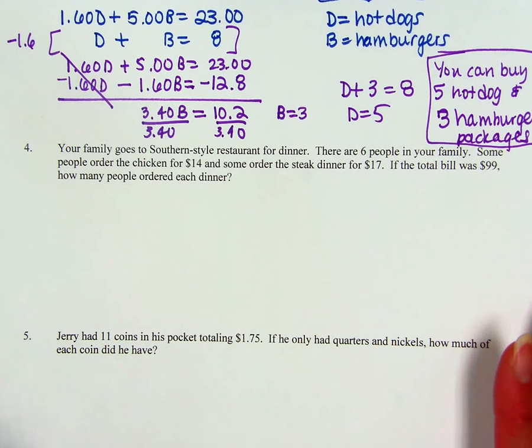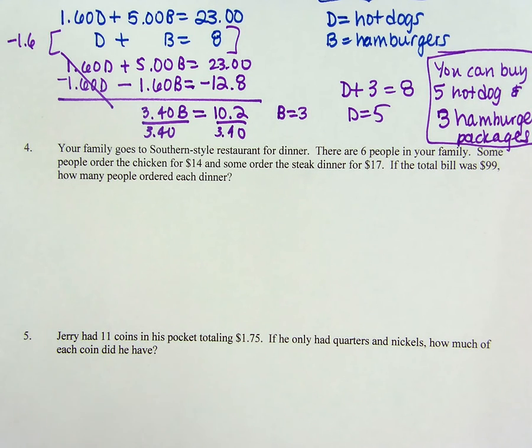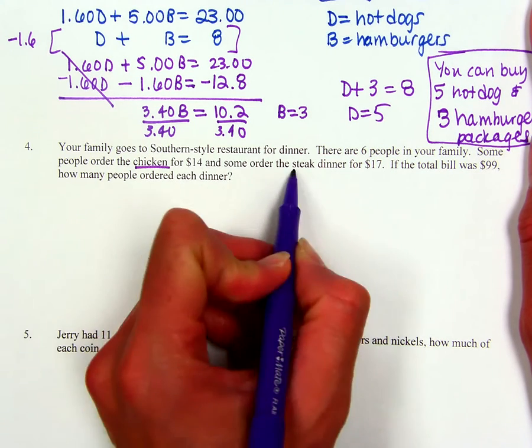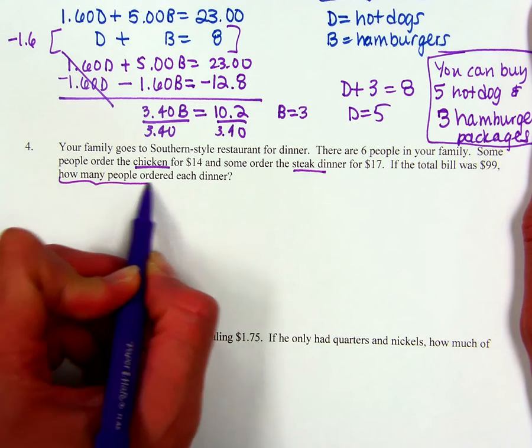All right, number 4, your family goes to a southern-style restaurant for dinner. There are 6 people in your family. Some people order the chicken for $14, and some others order the steak dinner for $17. If the total bill was $99, how many people ordered each dinner? All right, so we've got chicken and steak. That'll answer the question, how many people ordered each dinner?